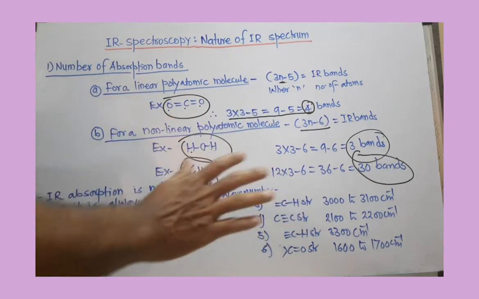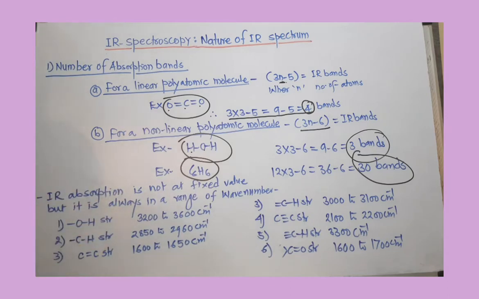It varies from molecule to molecule, but it is always in a certain range of wave number. What is the advantage? You need not mug up those values. You just have to remember in what range a particular bond gives IR absorption. That will help you to decide the structure of the molecule.